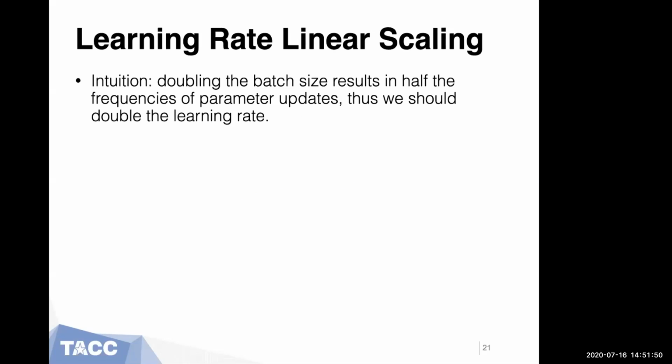Now the first thing we want to try is learning rate linear scaling. Again, the intuition is that doubling the batch size results in half the frequency of parameter updates. Thus, we should double the learning rate to mitigate this. A simple way to do this is to just double the learning rate from lambda to twice lambda, right?